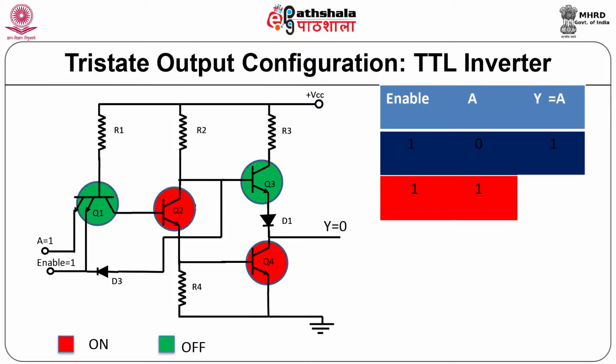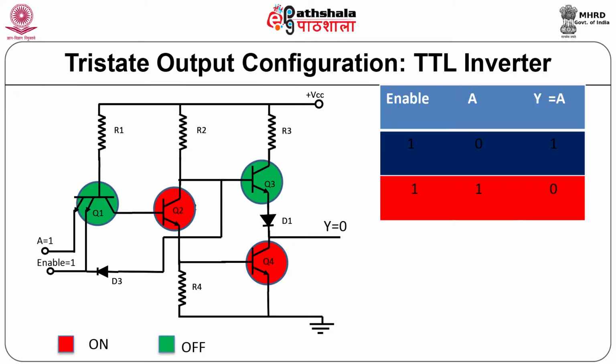Because Q2 is on, the output at the collector is logic 0 and at the emitter it is logic 1. So, Q3 will be off and Q4 will be on. So, the final output Y is at logic 0.